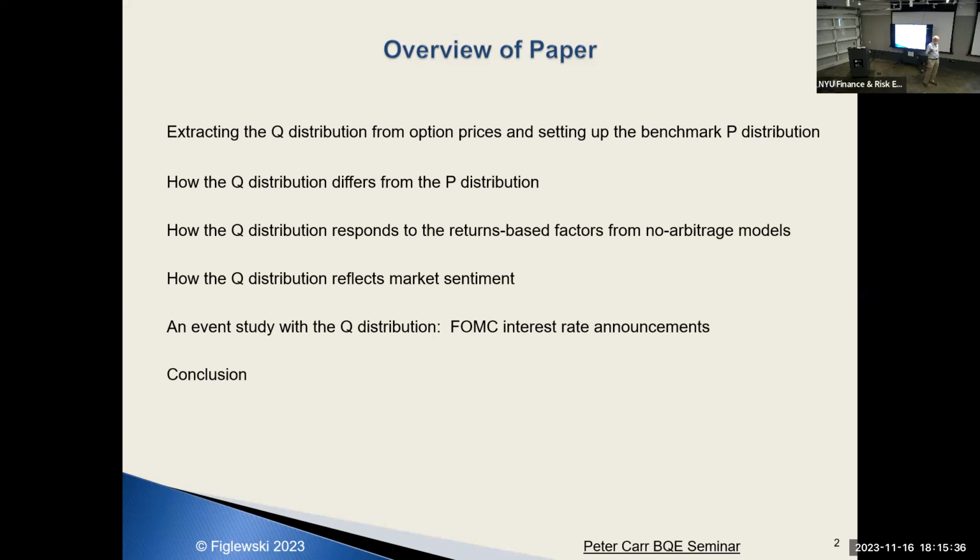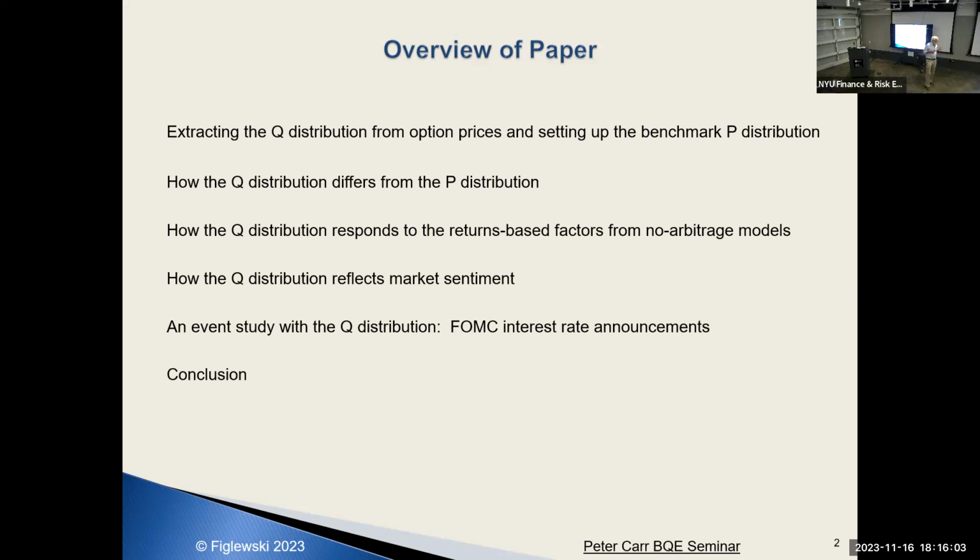So first I'm going to show how you get the Q distribution. The Q distribution contains information about the returns generating process, what the market expects the returns generating process to be, and also risk preferences.